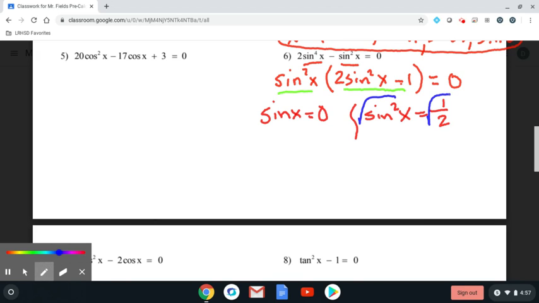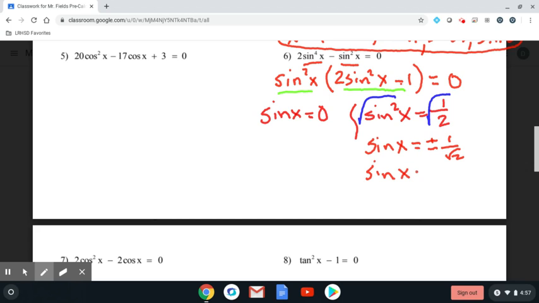So this is really similar to what we did on problem number 2 to start. So that's going to give us sine x is then equal to plus or minus 1 over root 2. Remember, you got to get rid of that root 2 on the bottom by multiplying the bottom and top by the square root of 2.